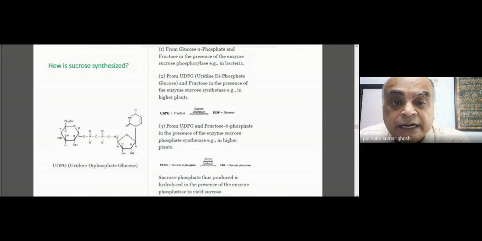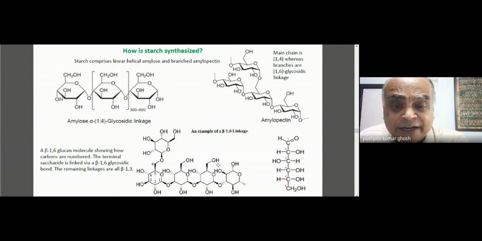Now uridine diphosphate glucose finds an acceptor, which is fructose, and transfers the glucose from here to the fructose. Okay, and it ends up with sucrose, and it ends up with uridine diphosphate, that means minus the glucose. Okay, that's one way it does it.